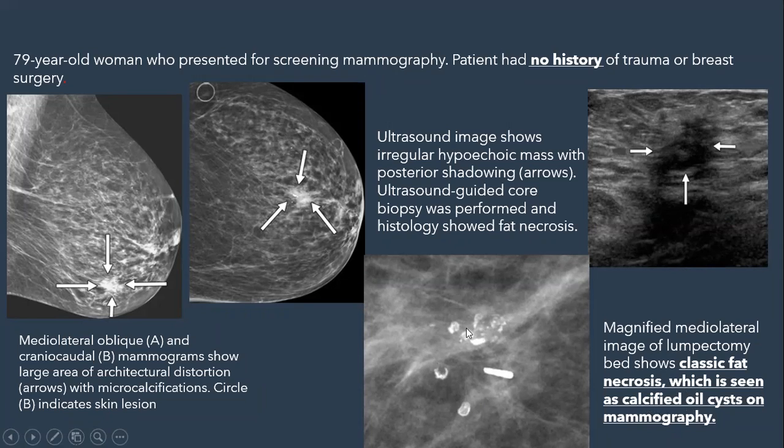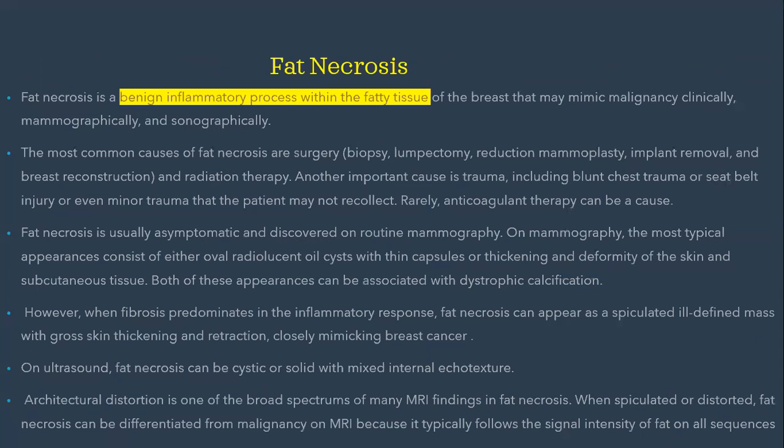These are all oil cysts with a thin rim of calcifications, but they did an ultrasound-guided biopsy and confirmed the pathology of fat necrosis. But sometimes we proceed to biopsy to evaluate for fat necrosis. I have a couple of cases, I will show them to you later. As you know, it is one of the mimickers of breast cancer, and definitely it is a benign inflammatory process.